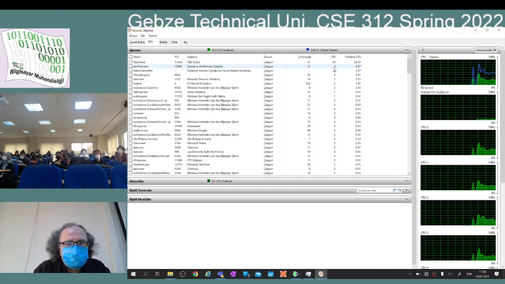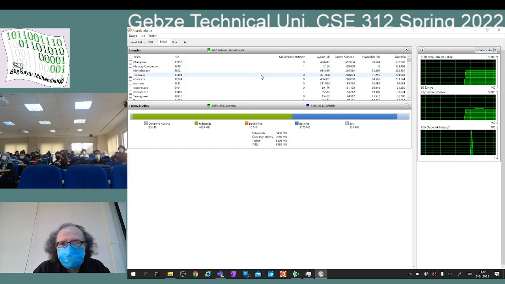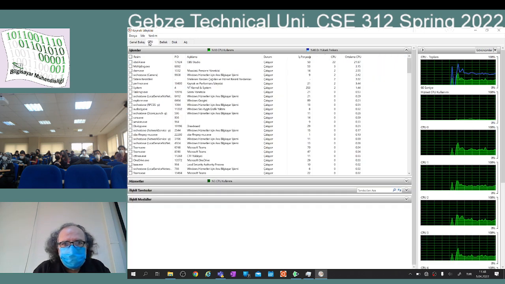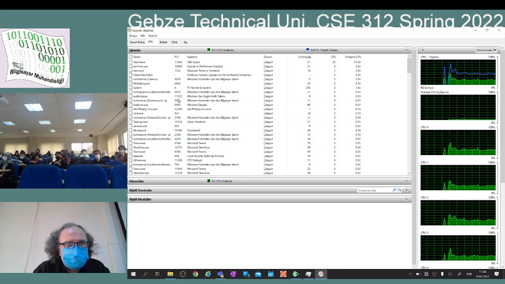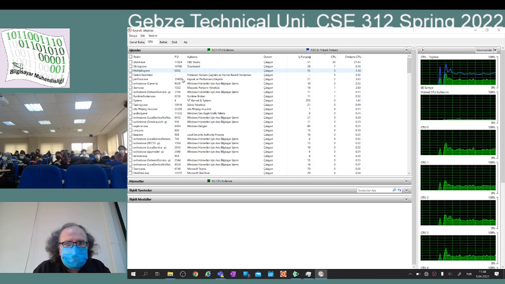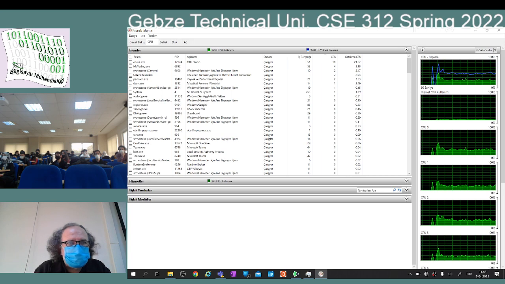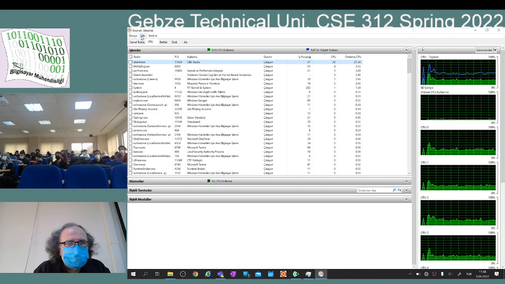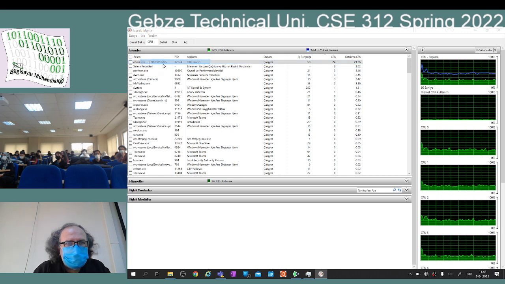CPU times, and let's look at this. These are the memory stuff. I think I can add more stuff to it. I remember Windows gives me the number of page faults a process is causing, but I could not find it.